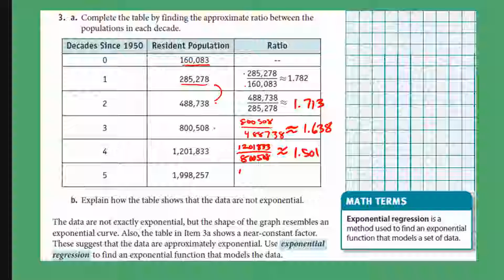And then this last ratio, 1,998,257 divided by 1,201,833 will be about 1.663. So make sure you're able to do this stuff precisely and your rounding rules are not being ignored and all that.